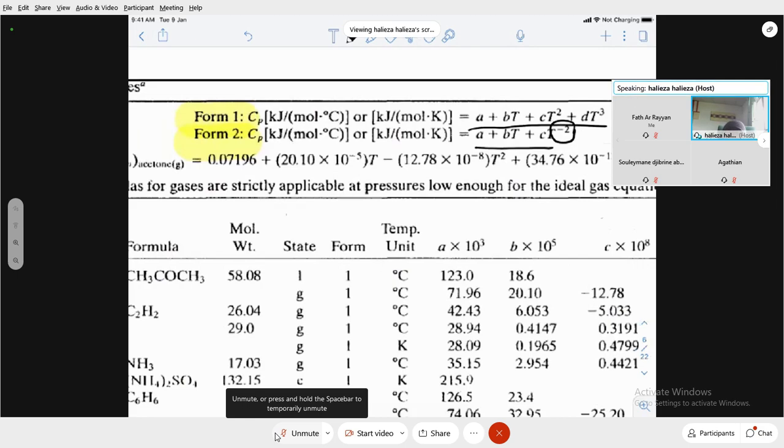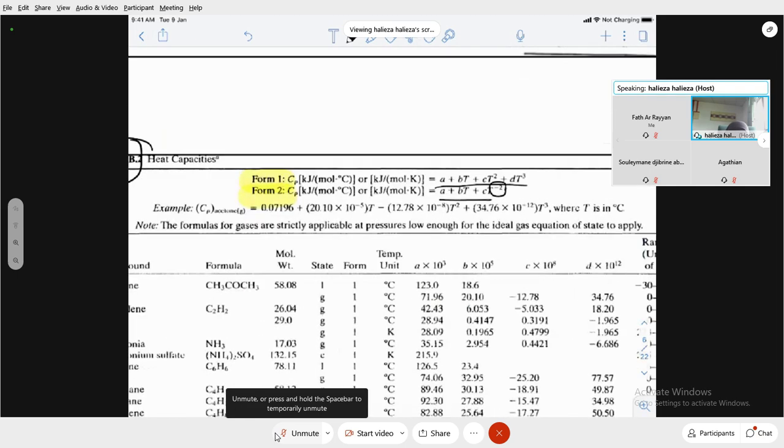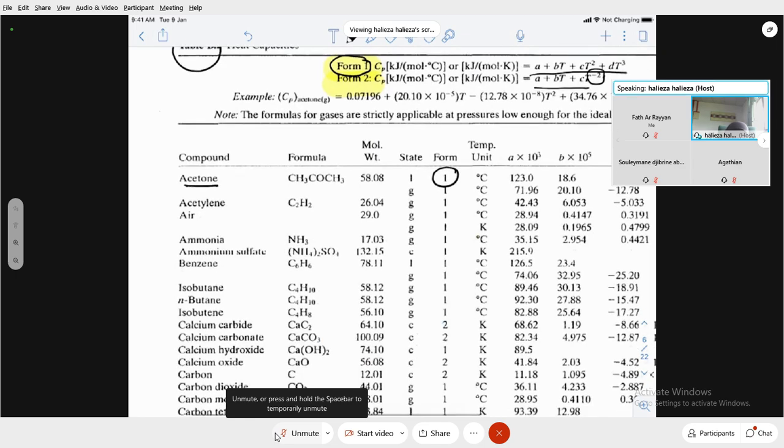So you need to look at, for example, acetone. If you're looking at acetone, you'll be looking at form 1, which is A, B, C, D. But if you're looking at calcium carbide, you'll be using equation 2, the second form of the polynomial equation.